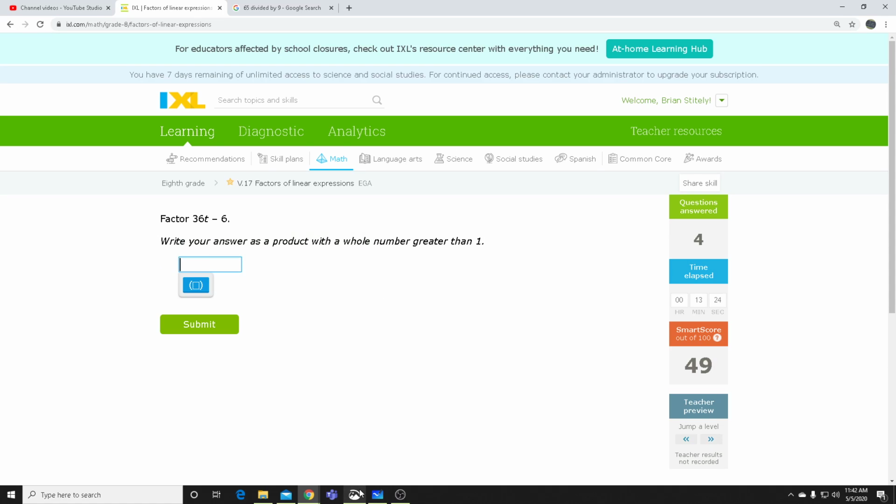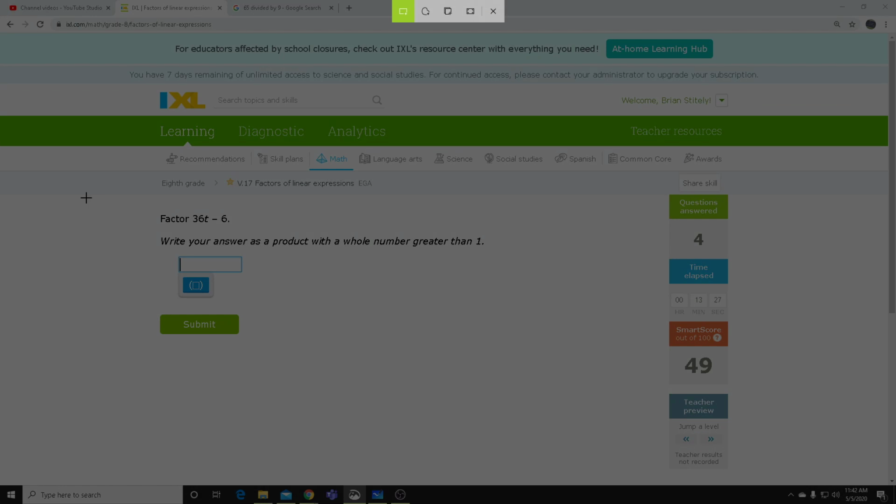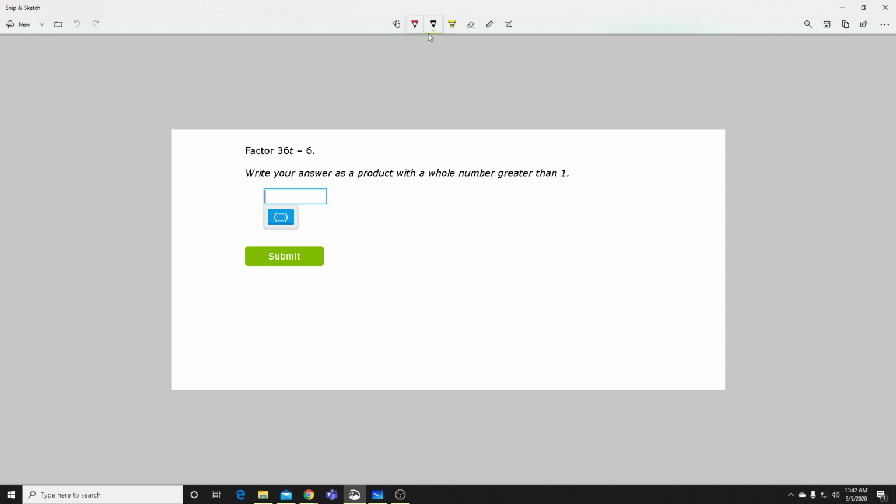Okay, let's do another. So we have 36t minus 6. So we have 36 and negative 6. So we need the GCF.